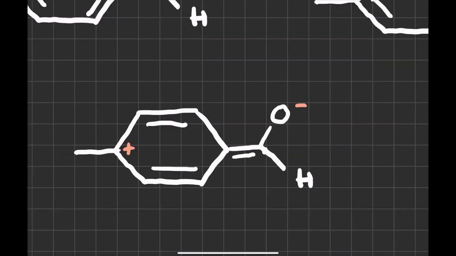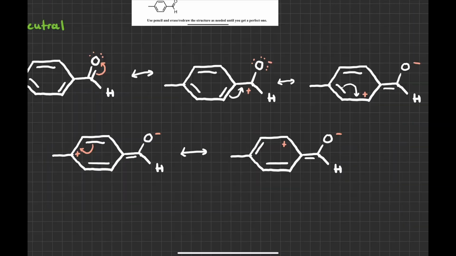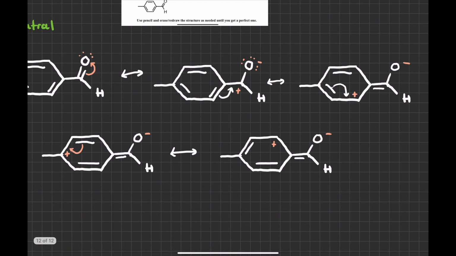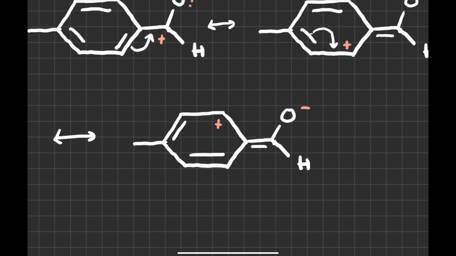We can still move this positive charge around by moving this pi bond here. And similarly, we moved this bond here, which caused the charge to move in the opposite direction. So this is our final resonance form.